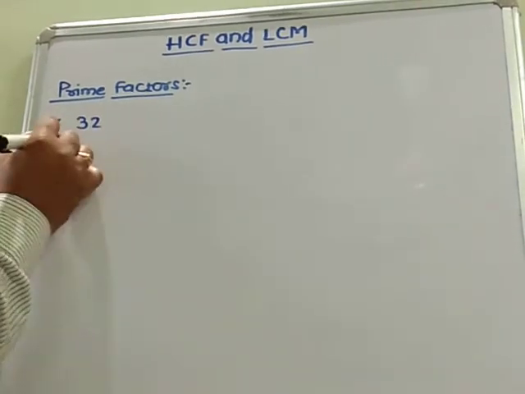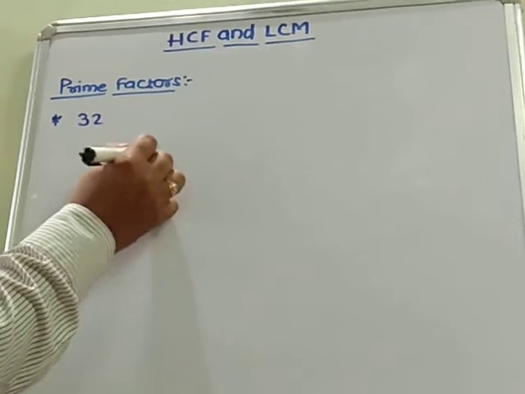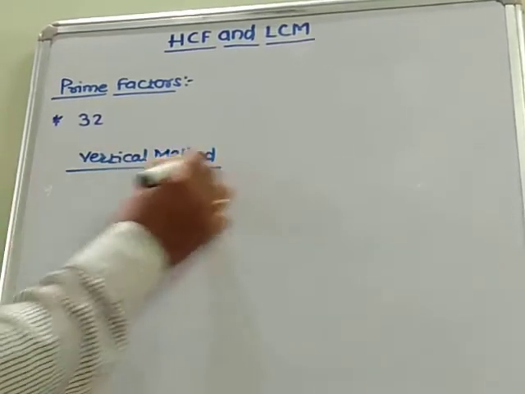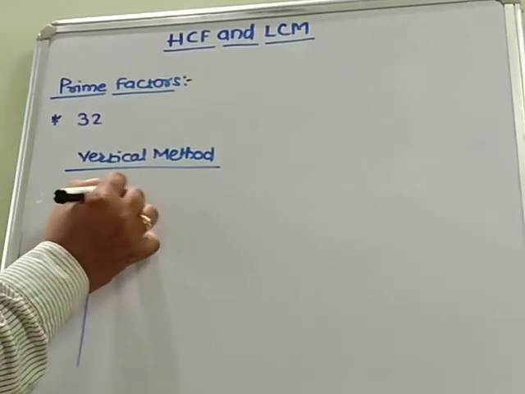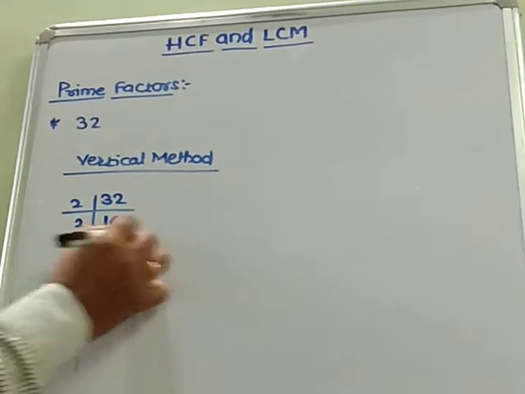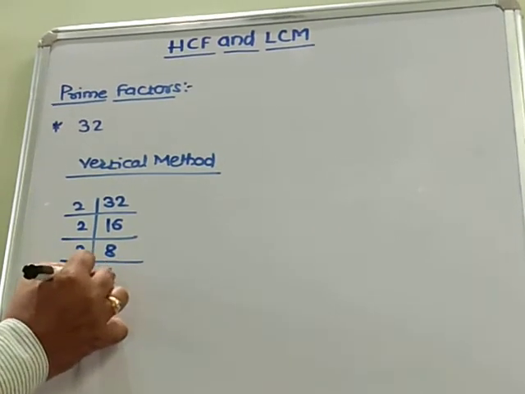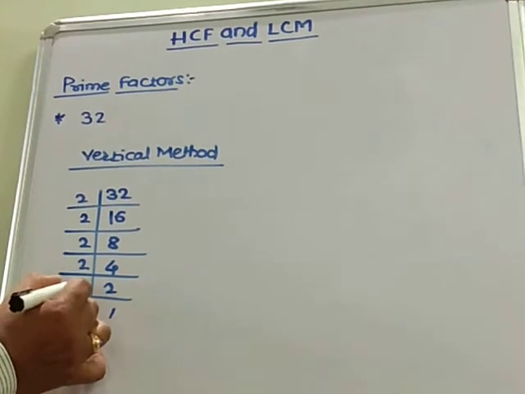First of all, the vertical method. Like this, 32. 16 2s are 32, 8 2s are 16, 4 2s are 8, 2 2s are 4, and 2 1s are 2.